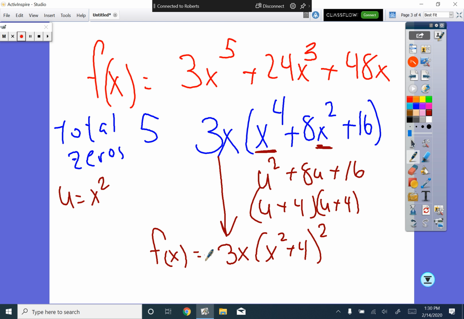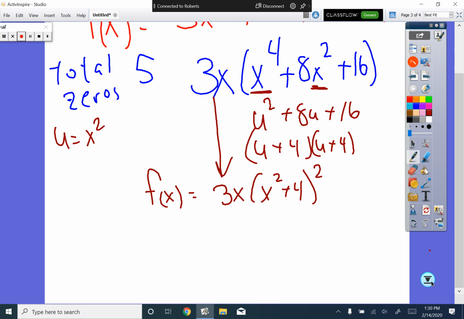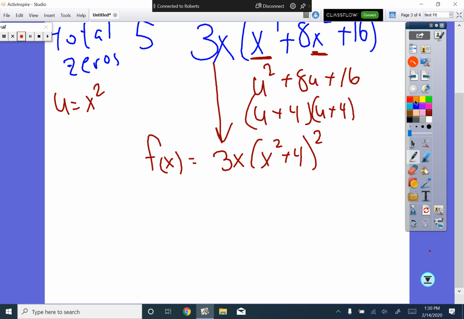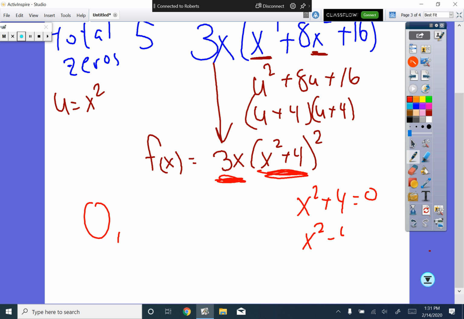Okay, let's find our zeros, though, because we still haven't found them. What's the value that gives this guy 0? What value does he give us? 0. What about him? Well, I could come over here and say x squared plus 4 equals 0. Subtract the 4. And then square root it.